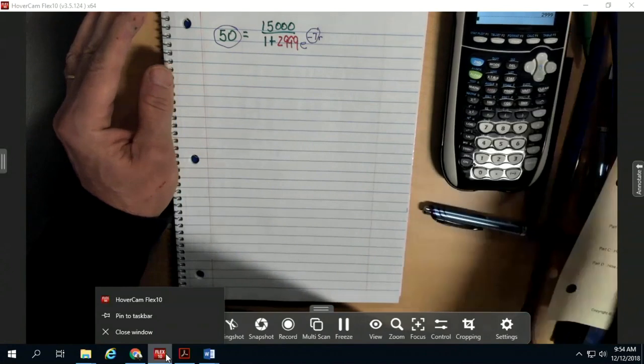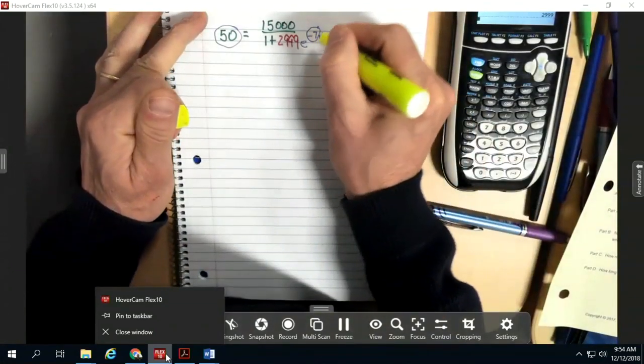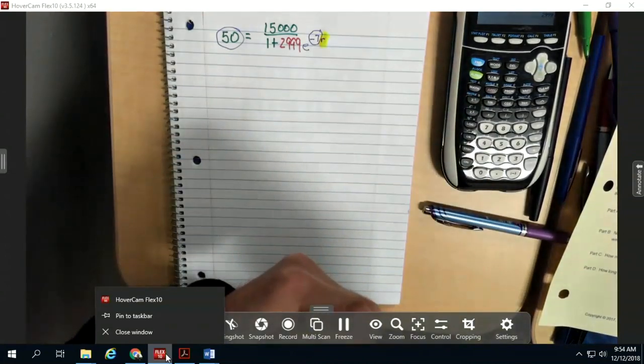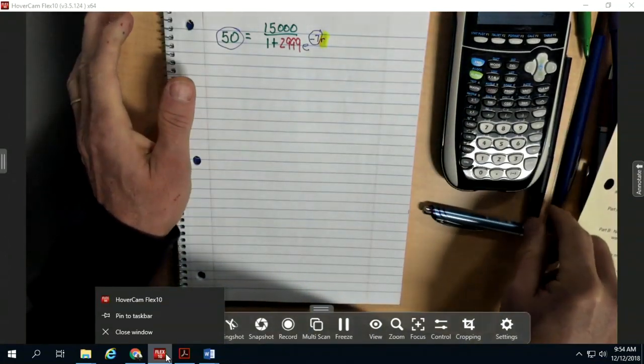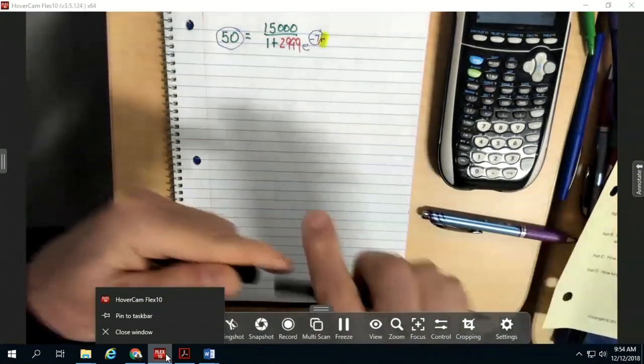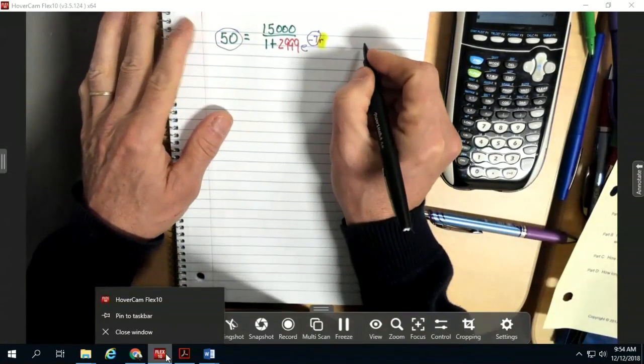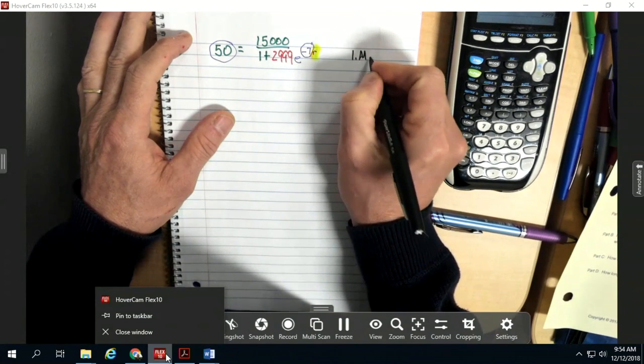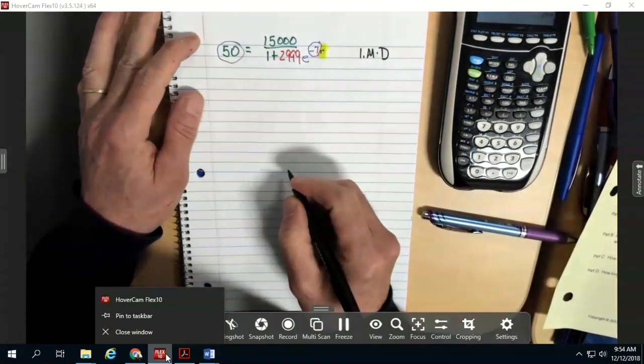Now, if you notice, we have 1 variable to get all alone. We need to solve algebra to get that 1 variable all alone. First thing we can do is take care of the multiplications and divisions.